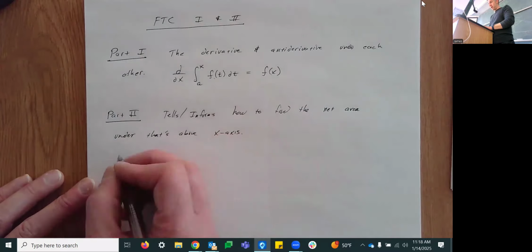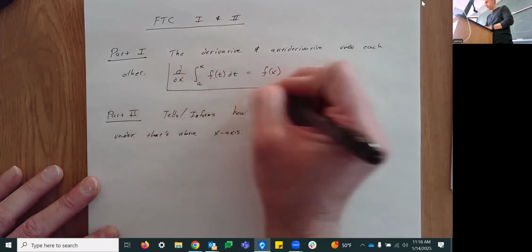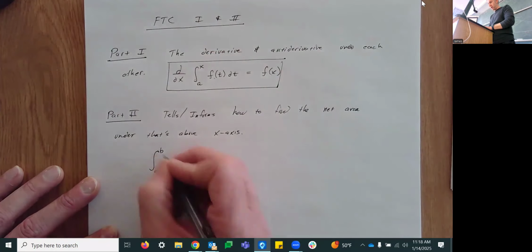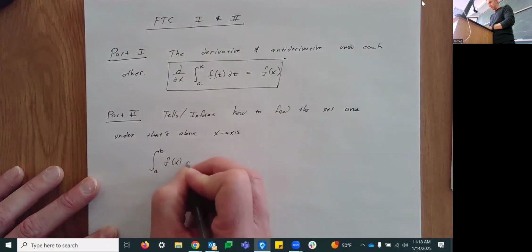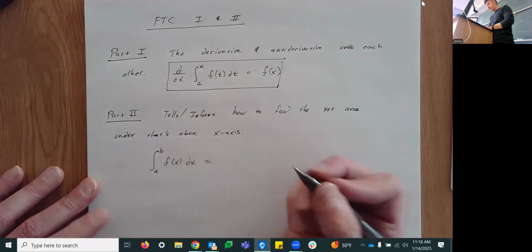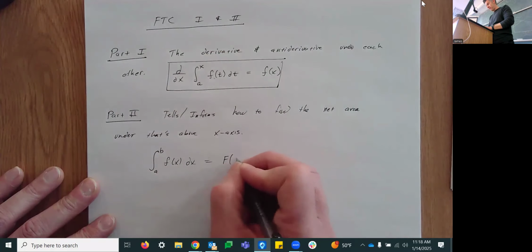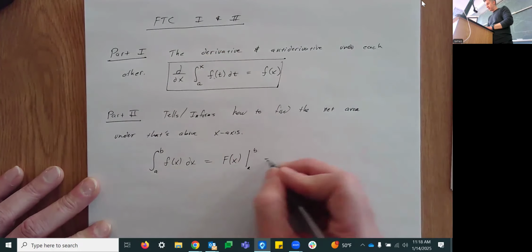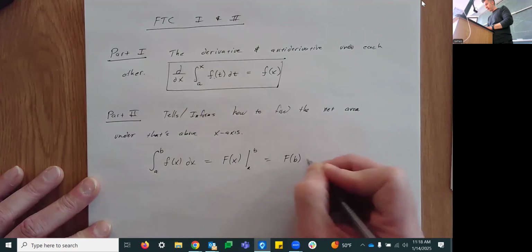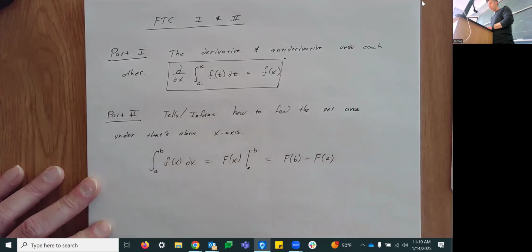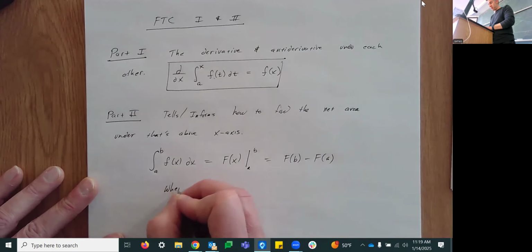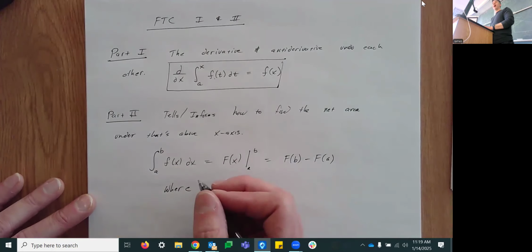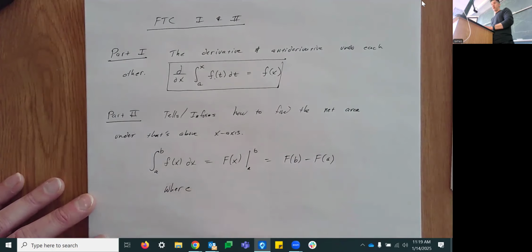So here's the actual way of writing it. It says that the integral from a to b of f of x dx is equal to, I usually write it this way, capital F of x evaluated from a to b. Other people prefer to write it as capital F of b minus capital F of a, where capital F is an antiderivative of little f.